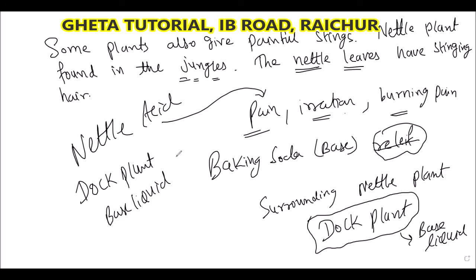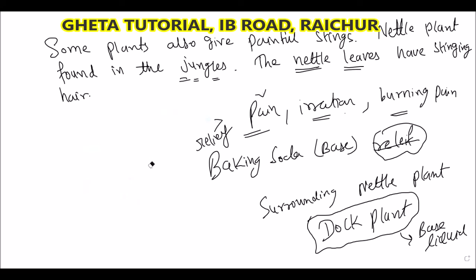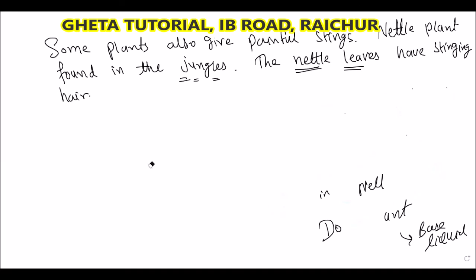You apply this base liquid on the stung area so that you get relief from the pain. So no need to worry about that. Two plants are always available in the jungle. One will give you the pain and one will give you relief from the pain. Two plants having different functions.